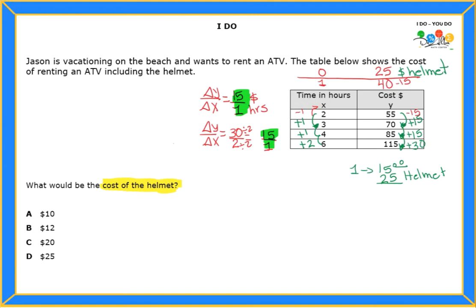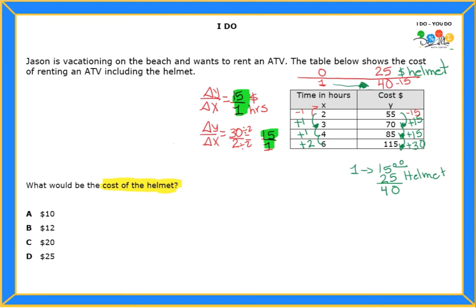So how much money would that be? $40. Isn't that the number that is here? In 1 hour, you pay a total of $40 because of the helmet and the $15 per hour. Okay, I hope that's making more sense why it's 0. It's so important for us to find.